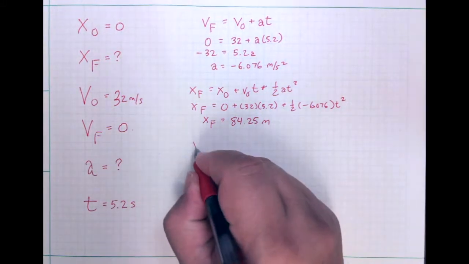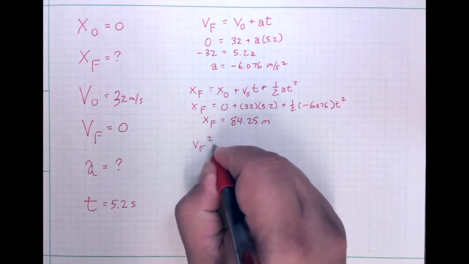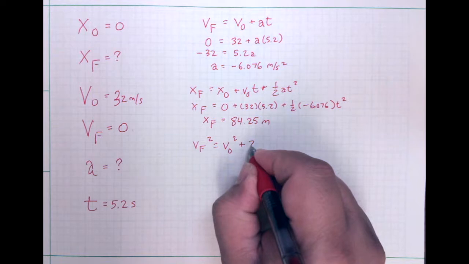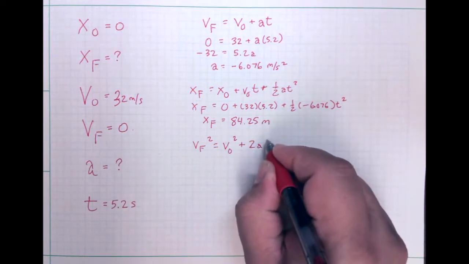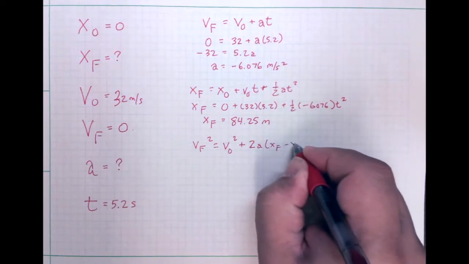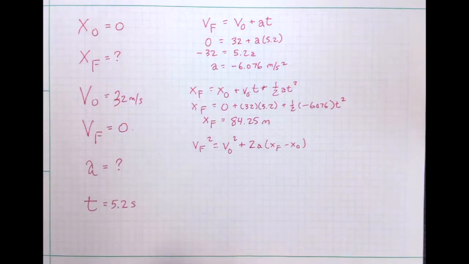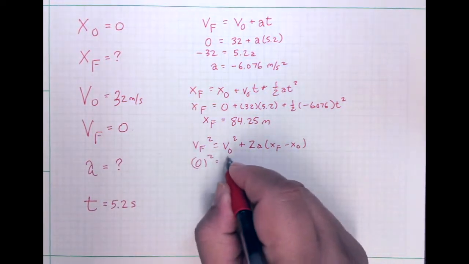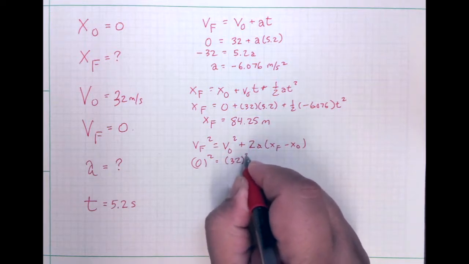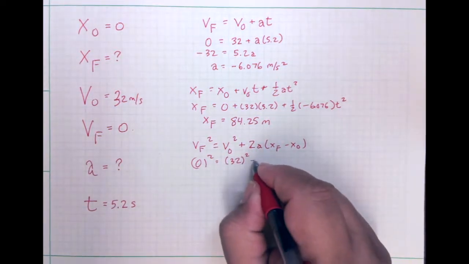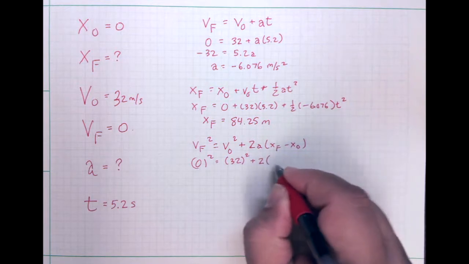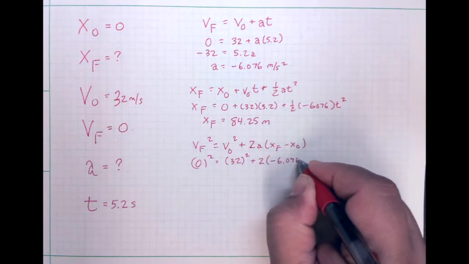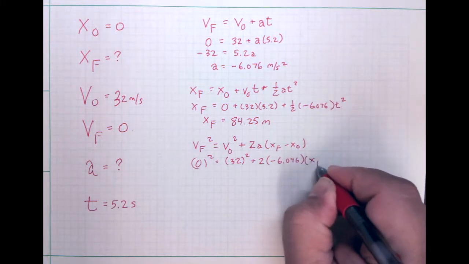However, we could use the final kinematics equation to figure this out as well, although it is perhaps a little bit more algebraic effort. Once again, the final velocity is 0. The initial velocity, which we square there, is 32. And the acceleration, which is negative, remember, is negative 6.076.